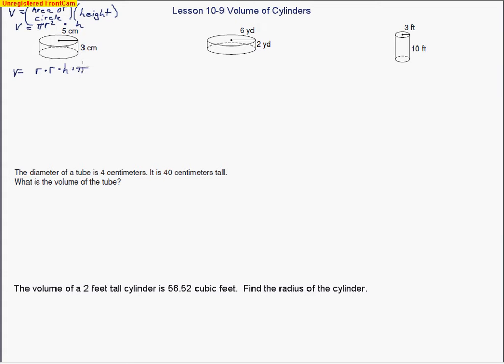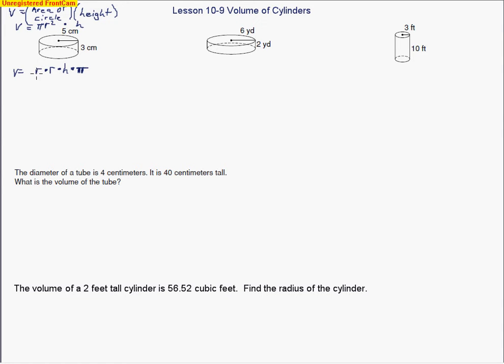I can do that because of the commutative property. Typically it's easier to multiply by pi last, because it's a large number, 3.14. Sometimes it's easier to multiply the numbers that we have first. It leaves one tough multiplication problem at the end rather than a bunch of tough multiplication problems throughout. So let's substitute our numbers in here.